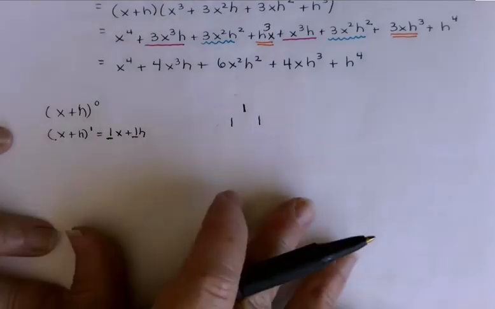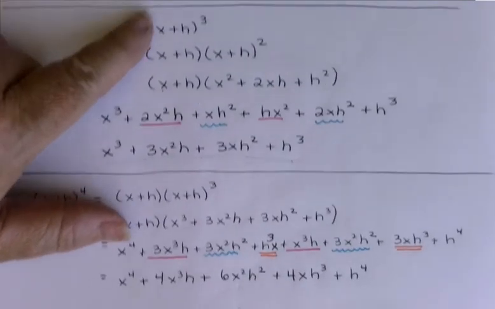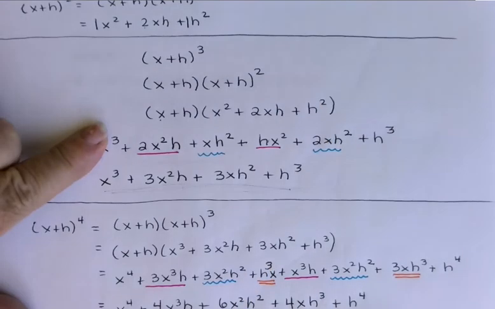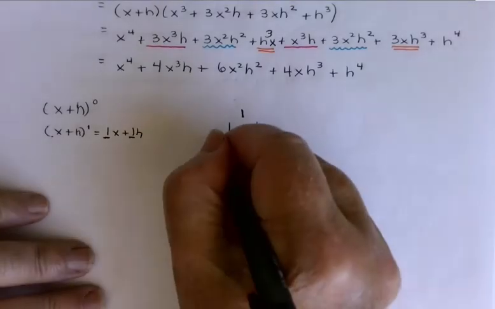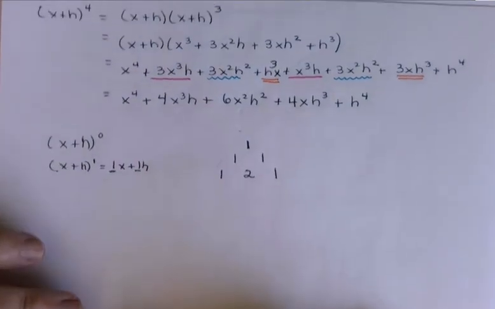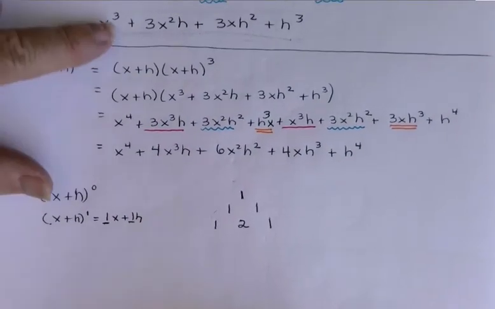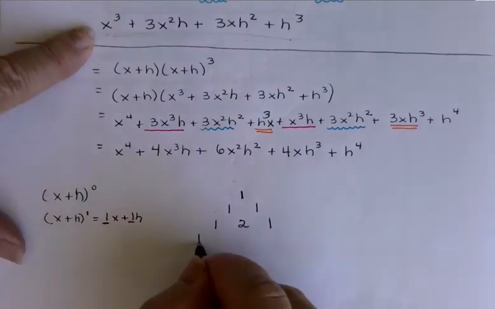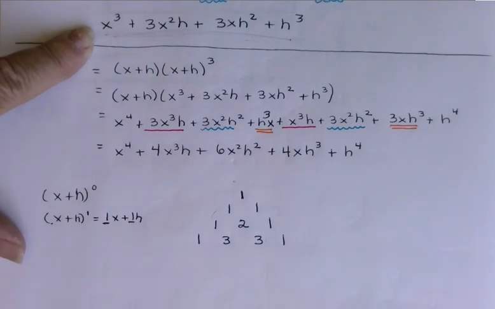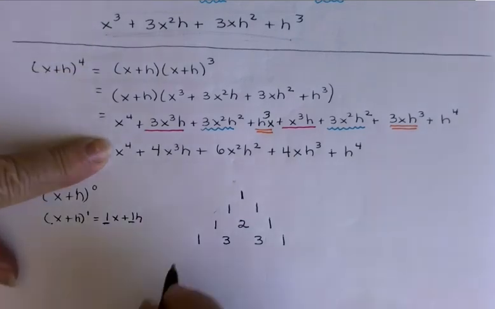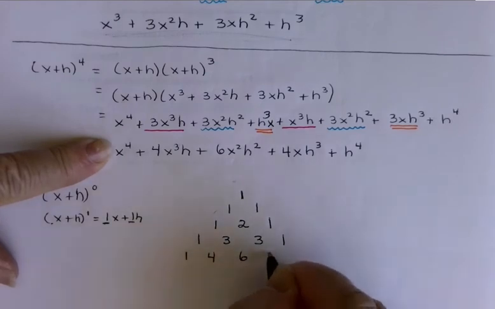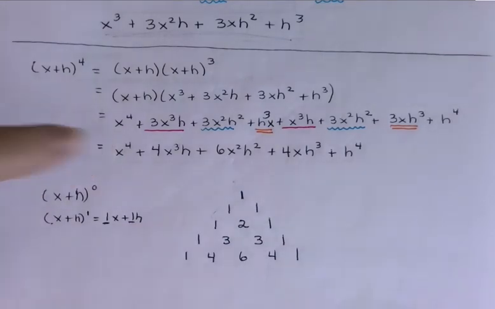X plus h squared, up here, the coefficients are 1 and 2 and 1. And again, I'm building this in a triangular pattern. X plus h cubed, right here, my coefficients were 1, 3, 3, and 1. And then the fourth power, 1, 4, 6, 4, and 1.